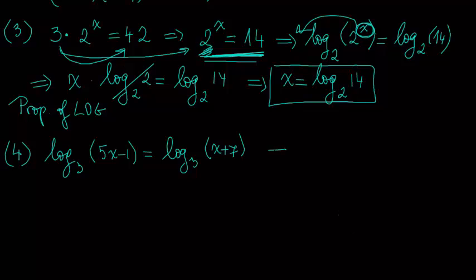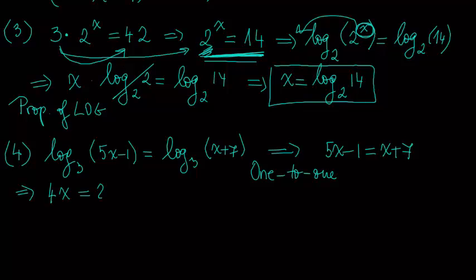So what I'm going to do, since the logs are the same base, I can just set their inputs equal to each other, and I get that 5x minus 1 equals x plus 7, which simply gives me, if I bring x to this side, I get 4x, 1 on the other side, I get 8. So I get that x equals 8 divided by 4, which is just 2.